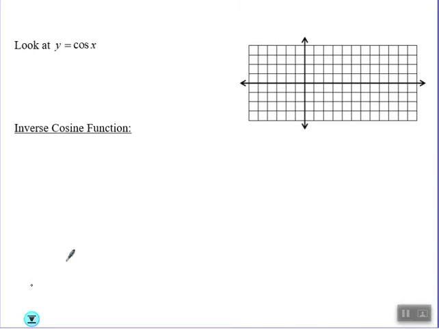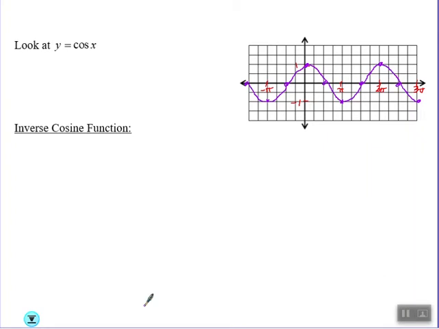Let's go on to cosine. I'm going to start with a graph of y equals cosine of x, labeling my axes in the standard way. So we have our points for y equals cosine of x, and then we just connect the points.